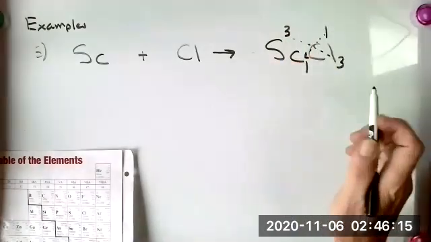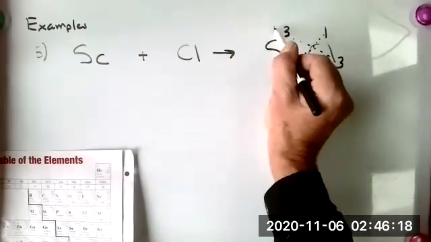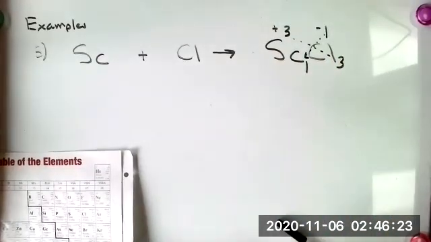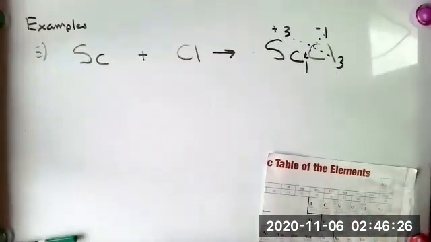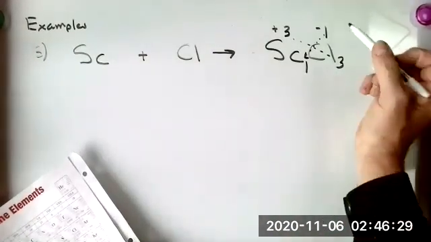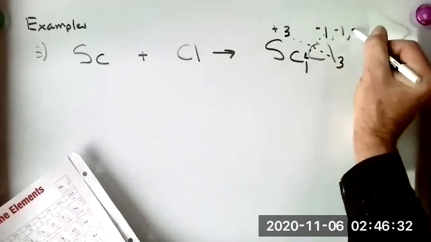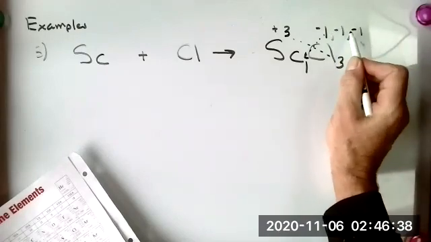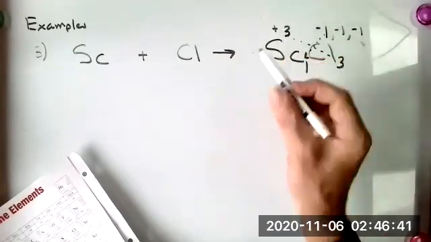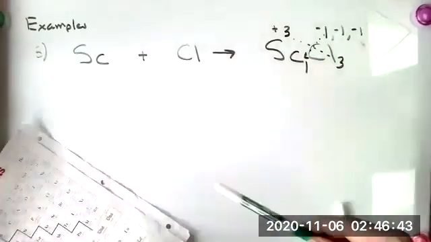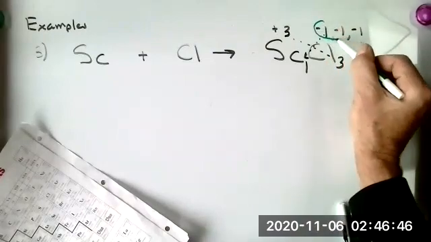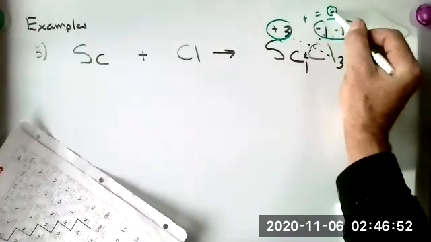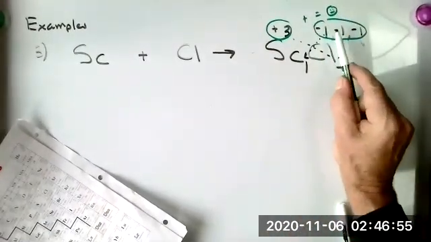Now, how does that work? We found he was a +3, and we found he was a -1. Well, it looks like I would need three -1s to add to a +3 to get the 0 to show up. 1, 2, 3.